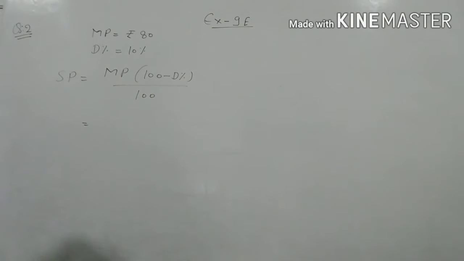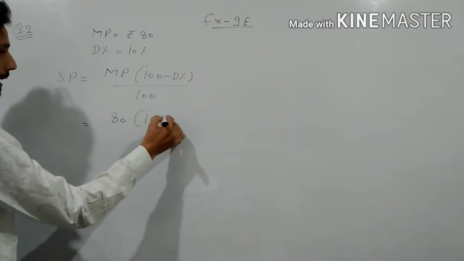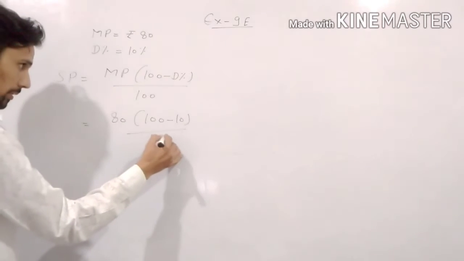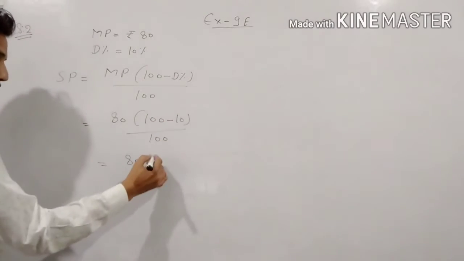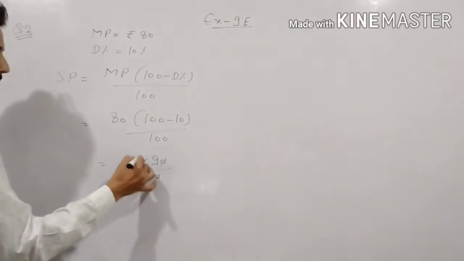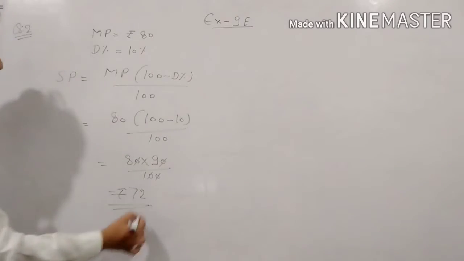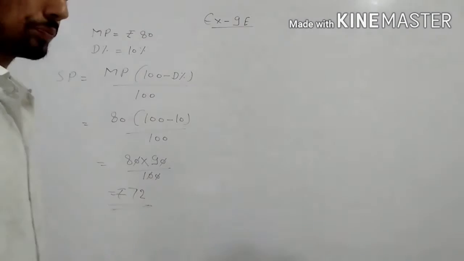MP is given, that is equal to 80. 100 minus discount percent upon 100. 100 minus 10 is equal to 90. 8 9s are 72. 72 rupees is the selling price of the article.